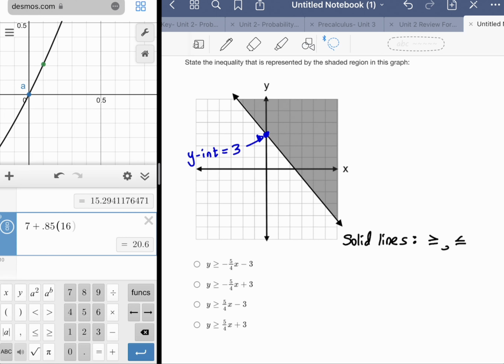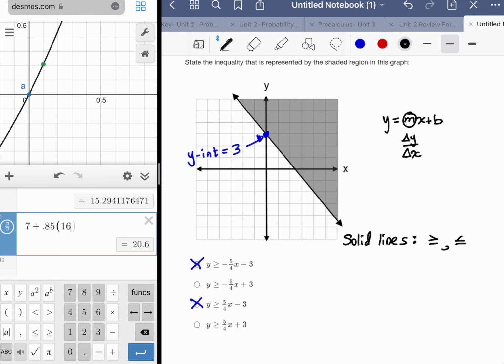So my y-intercept is 3. By using that information, I can eliminate the first and third choice. Now, I can also compute the slope. Slope is change in y over change in x. Because remember, at heart, this is a line. So y equals mx plus b is the equation of the line.